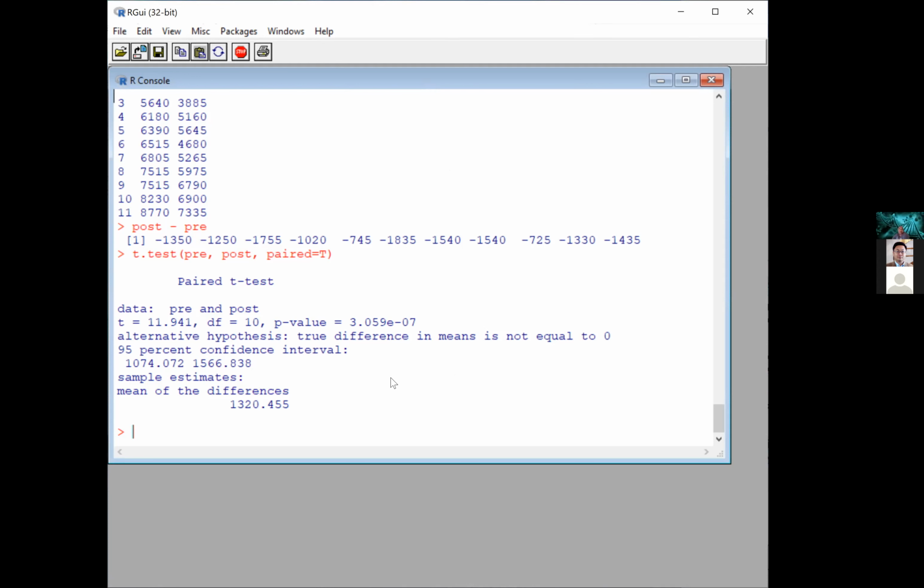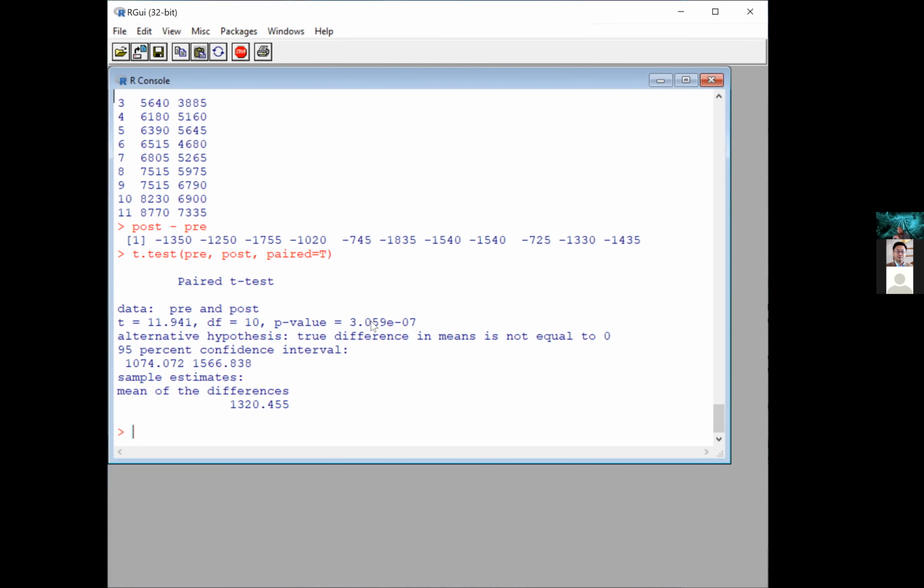Tell me, given that p-value. It'd be the same as the previous problem that we worked out because there's several zeros in front of that p-value.